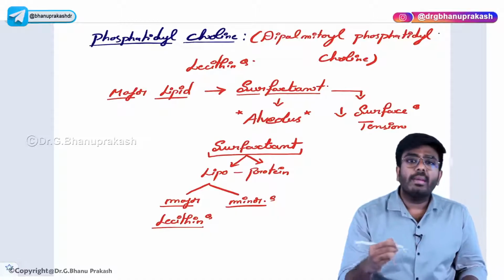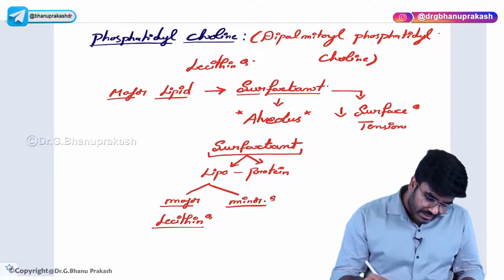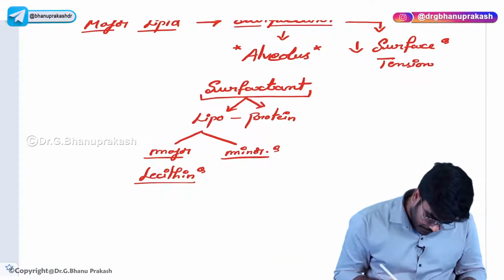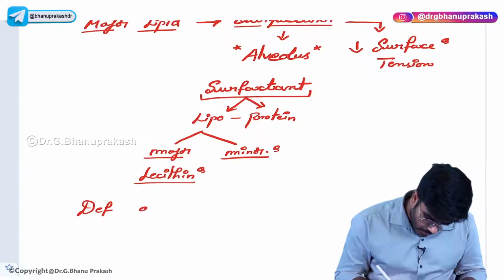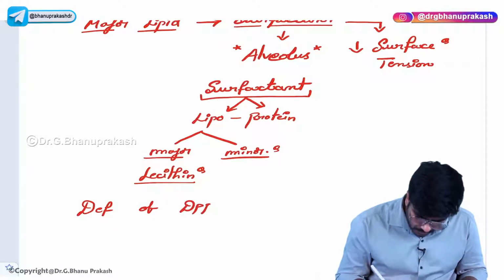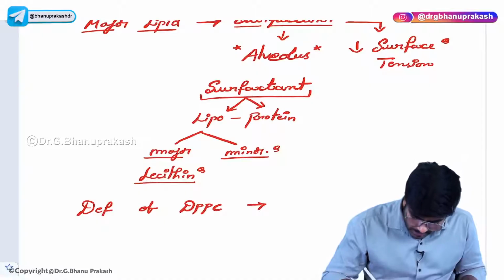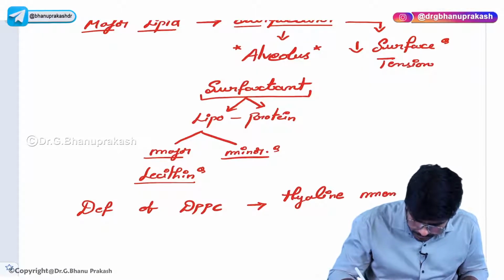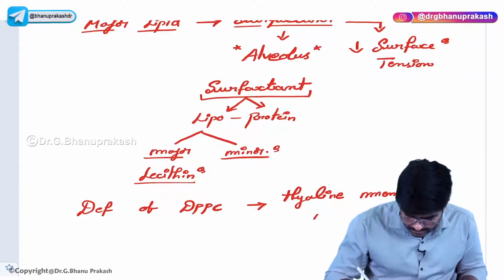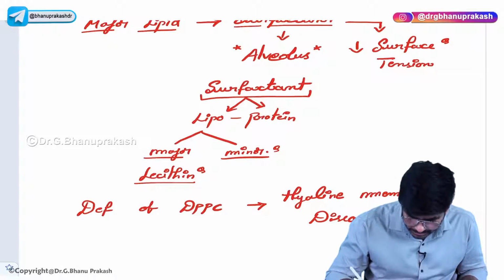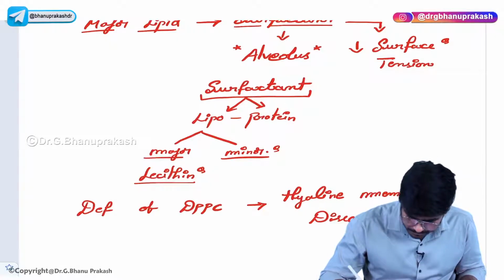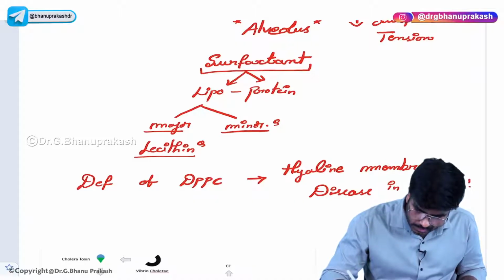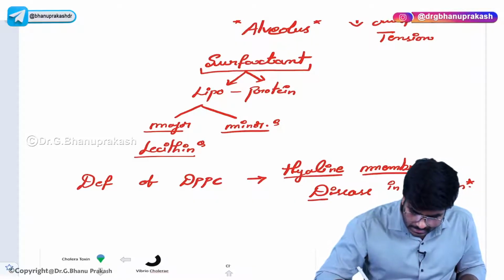Now apart from this, what else should you know? Deficiency of dipalmitoyl phosphatidylcholine, or lecithin, will cause which disease? It will cause a disease called hyaline membrane disease in the newborn.